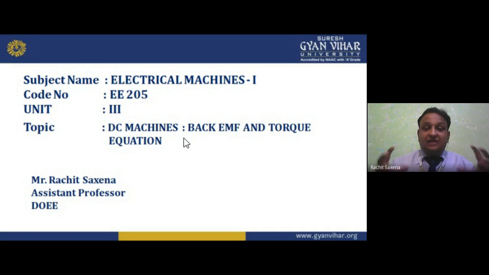Then the commutator, an important part, which converts the bidirectional current of the armature into unidirectional current. From the commutator, the brush takes the current and gives it to the terminals for output in a generator.